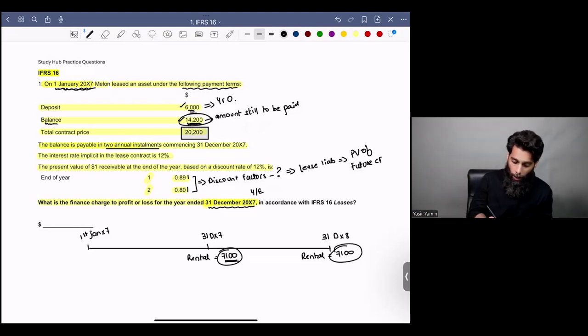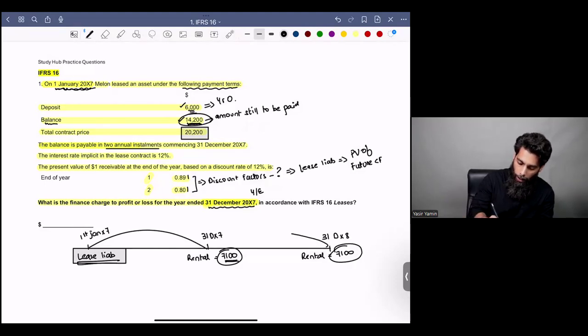But we want to recognize a lease liability at this point in time, 1st January X7. So we need to calculate this point in time's lease liability. How do we do that? We calculate the present value of the future cash flows.